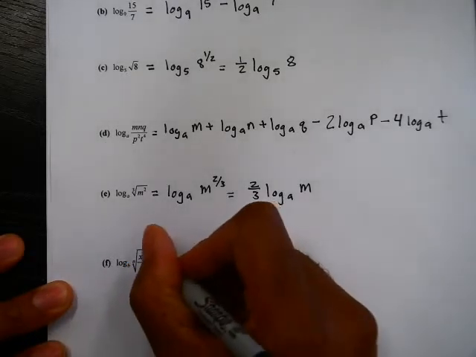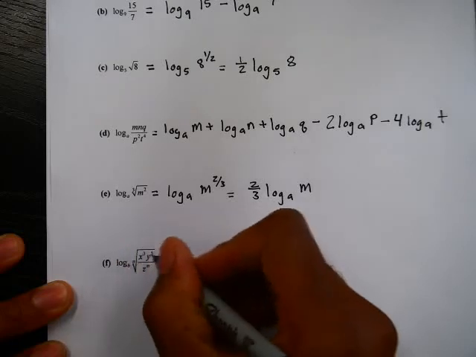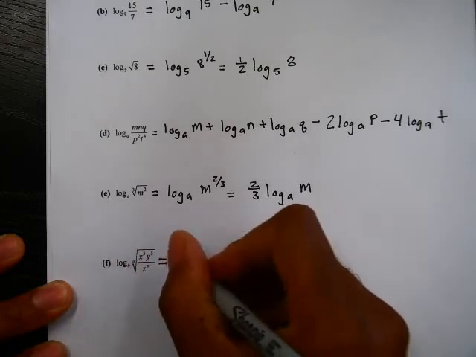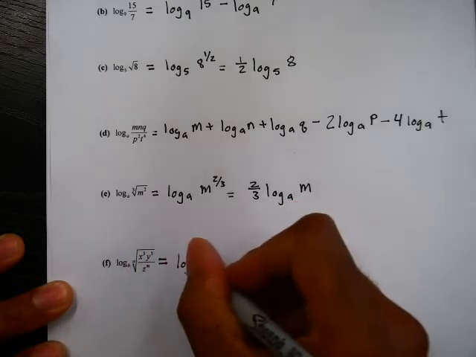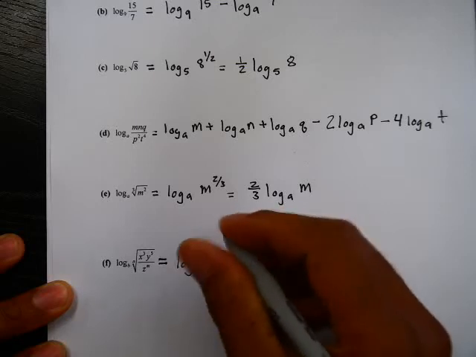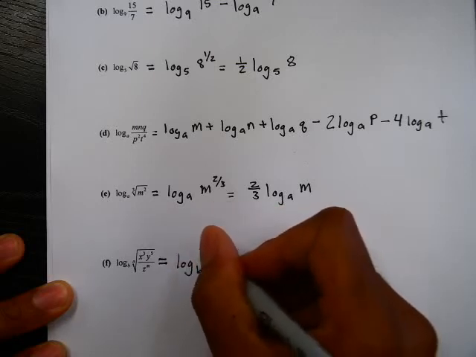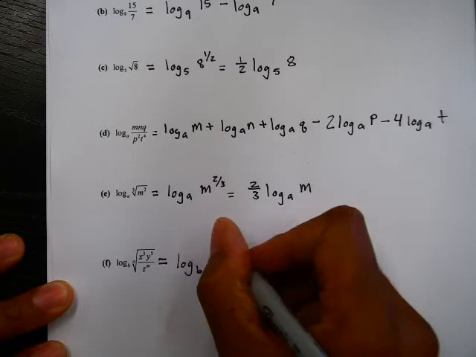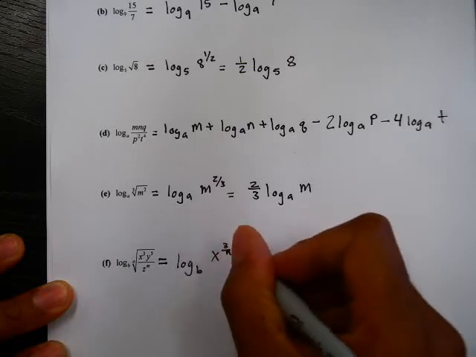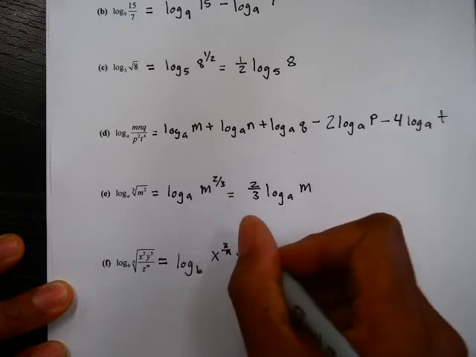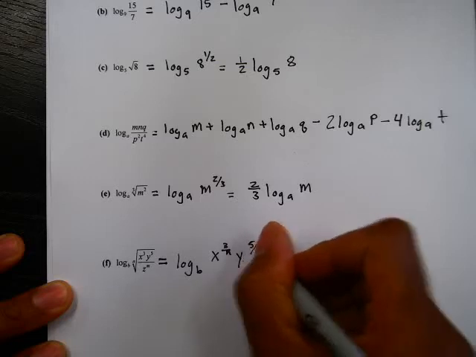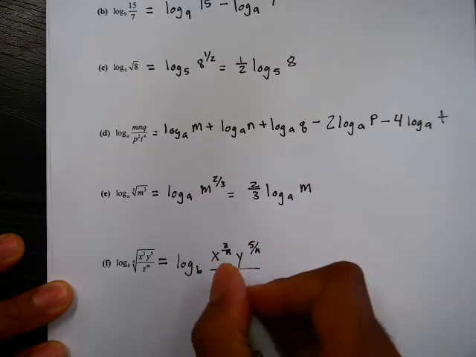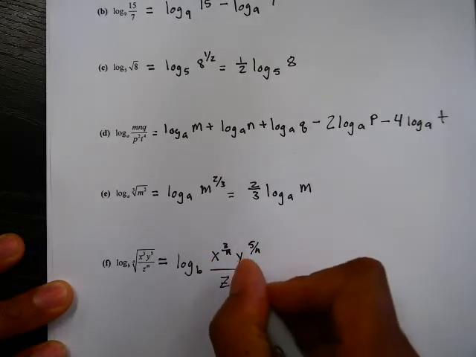So I can rewrite each one of those as the exponential. So this would be log base B of x to the 3 over n, y to the 5 over n, over z to the m over n.